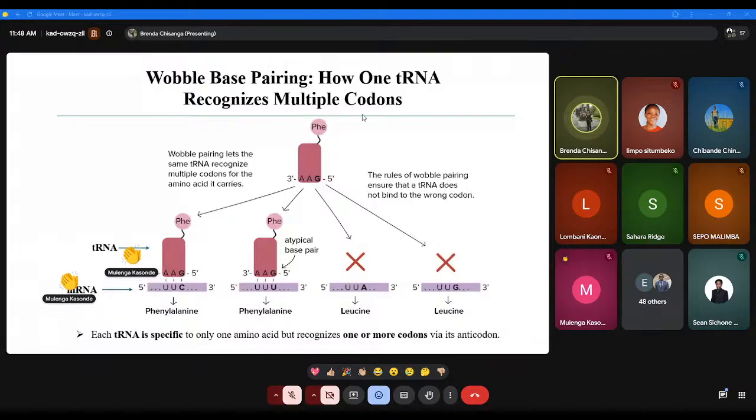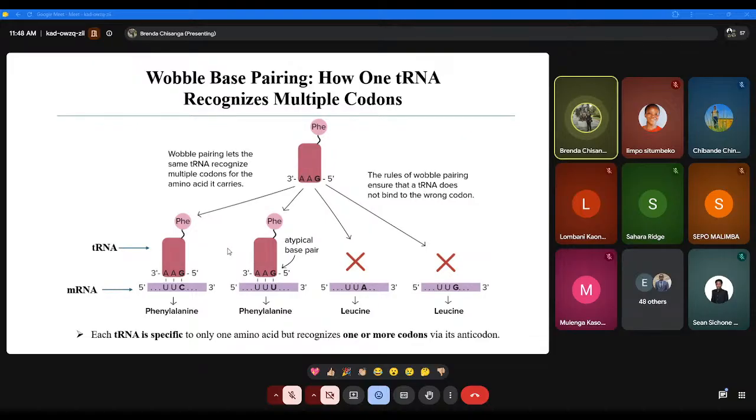So here we want to understand. We said that one of the things the genetic code exhibits is that it is degenerate. One amino acid can be specified or coded for by more than one codon. But one tRNA also can recognize more than one codon because of the base pairing at the third position of the codon.